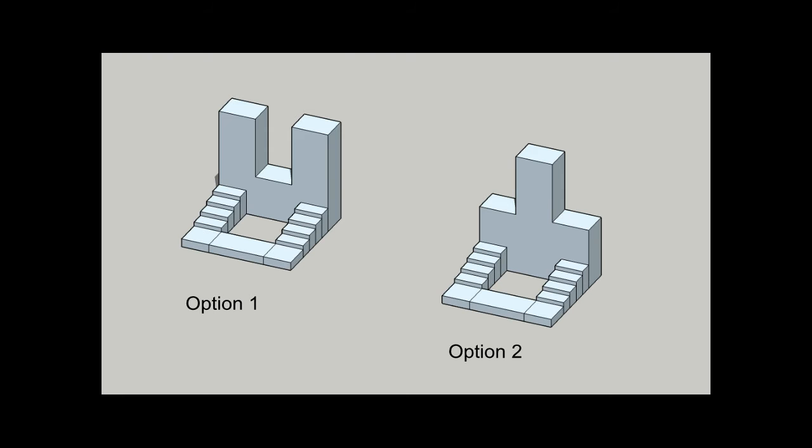Finally, a third type of shadow analysis was done to see the impact of different massing styles of the taller buildings. Both Option 1 and Option 2 occupy equal volume. In Option 1, most of the mass is placed on the sides. In Option 2, most of the mass is placed in the center.